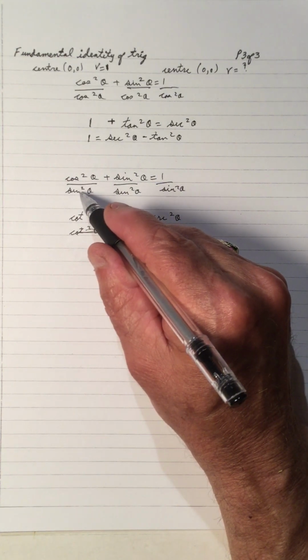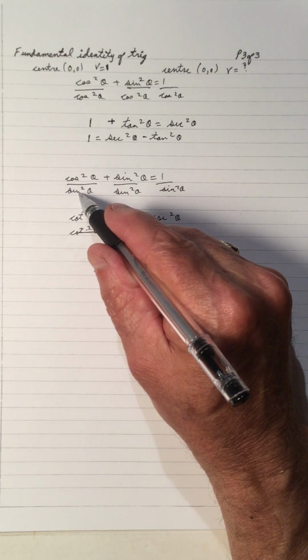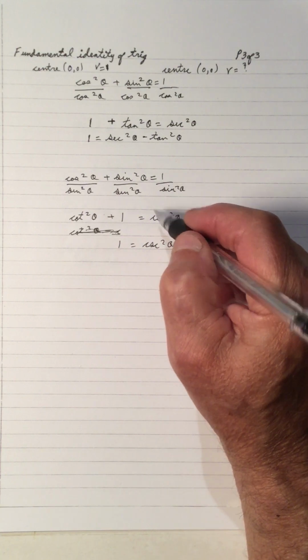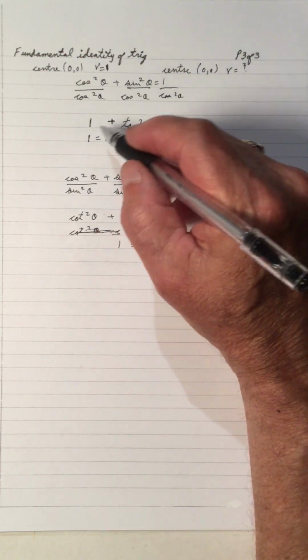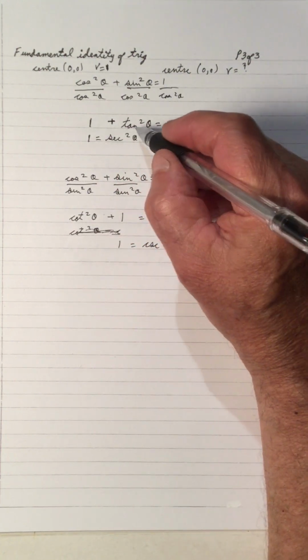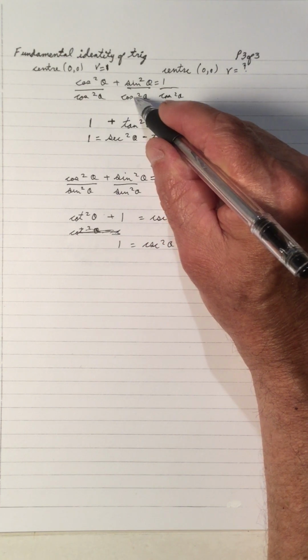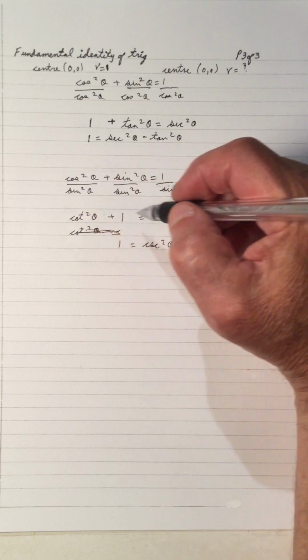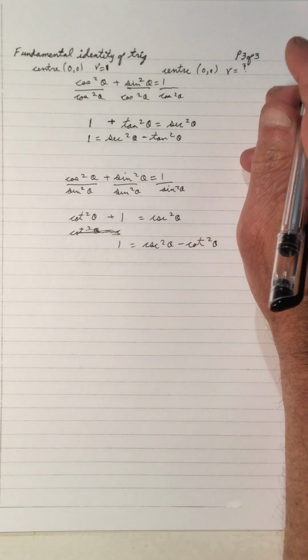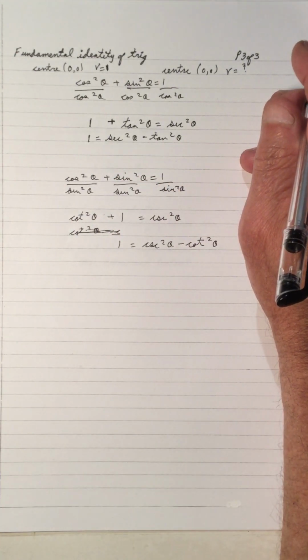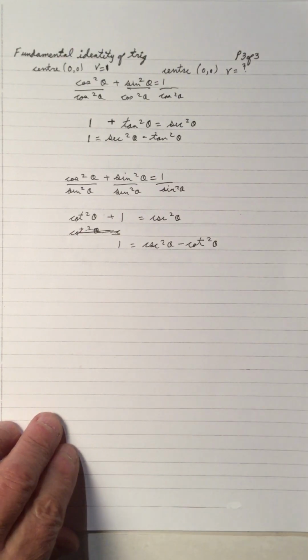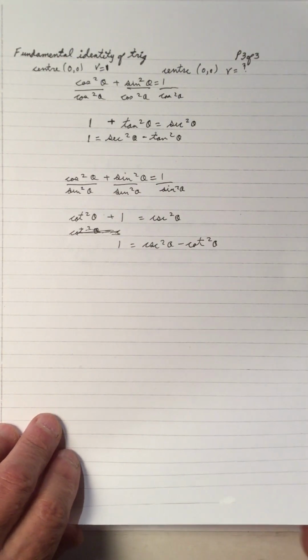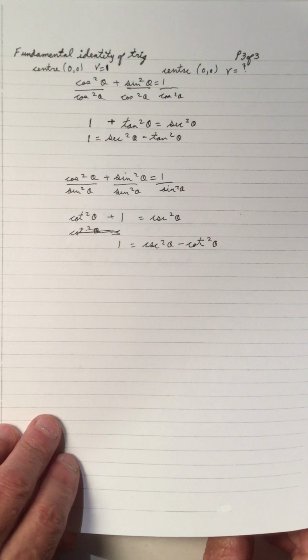Cot has sine on the bottom, and the reciprocal of sine is cosecant. That's how I memorized it when I was doing all the math in calculus, in high school, in university, wherever.